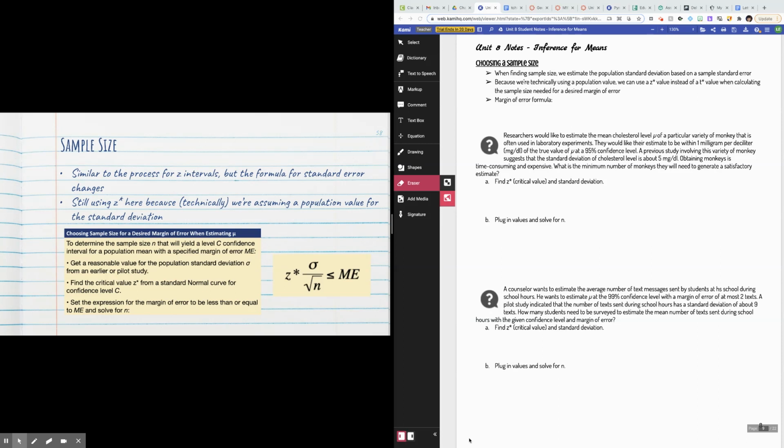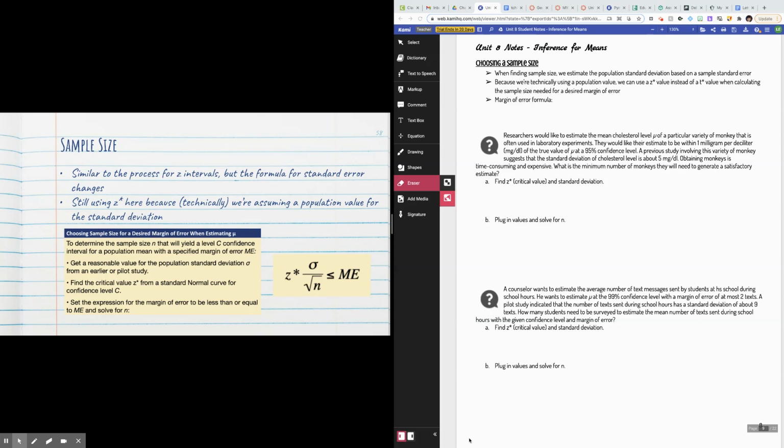Okay, it's only when you're dealing with sample size that you can use Z, because Z is going to be a little bit more accurate than T. And the reason we're allowed to do this, okay, is because in most of the problems that you'll come across, they'll be talking about a previous study suggesting this is the true value of the true standard deviation.